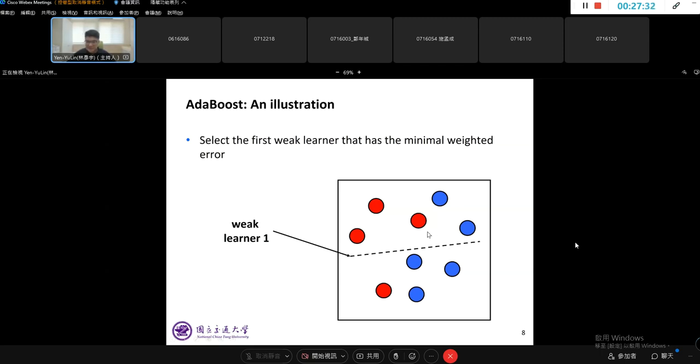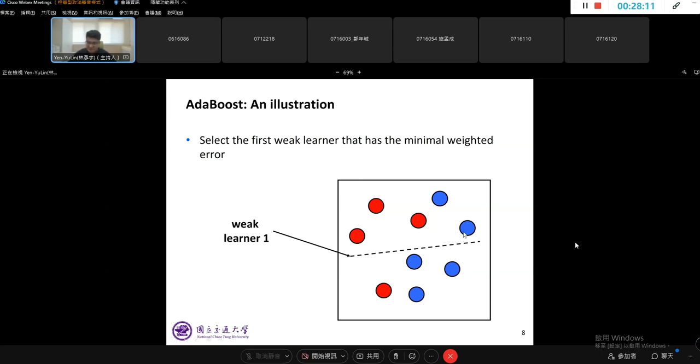As you could see, this data set is not linearly separable, so every weak learner makes some mistakes. The region below the decision boundary is the decision region of class blue, so this data point is misclassified. Similarly, the region above the decision boundary belongs to class red, so these two points are misclassified.